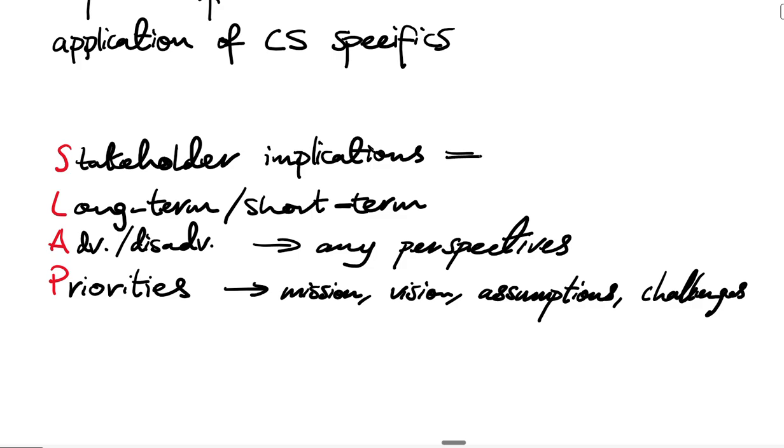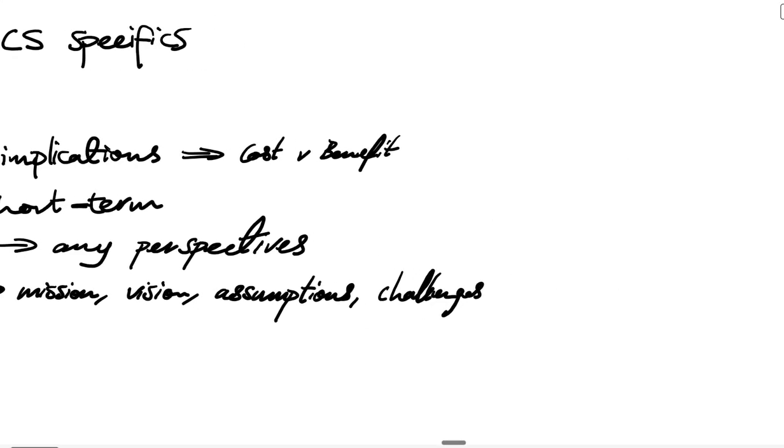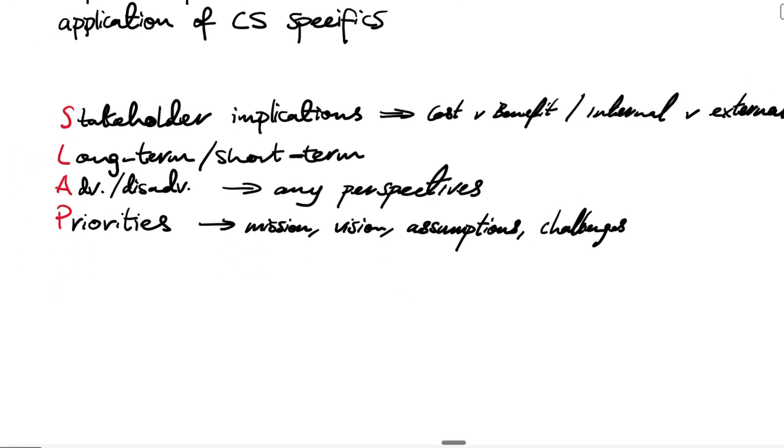And when we're talking about stakeholders, we're talking about cost, the benefit, and we can talk about internal vs external stakeholders. That's also a possibility. Or we could just compare how it affects specific stakeholders.